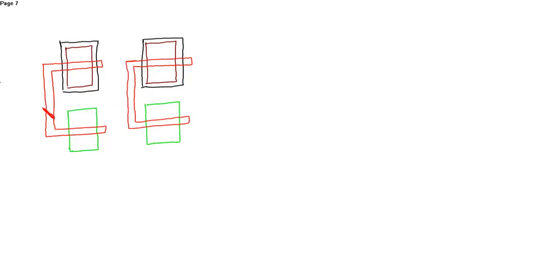Okay, suppose this is input A and this is input B. These are the sources, these are the drains, drain and sources.